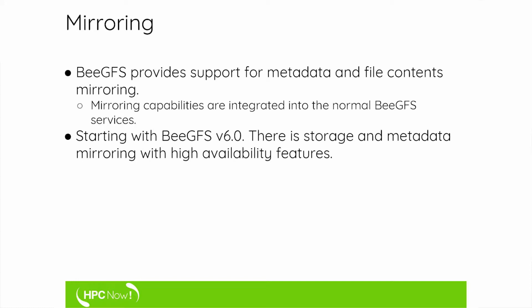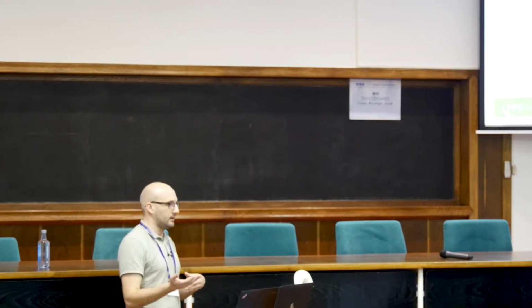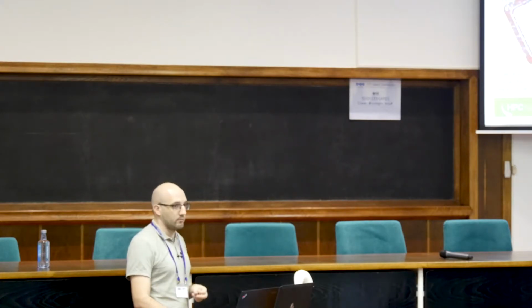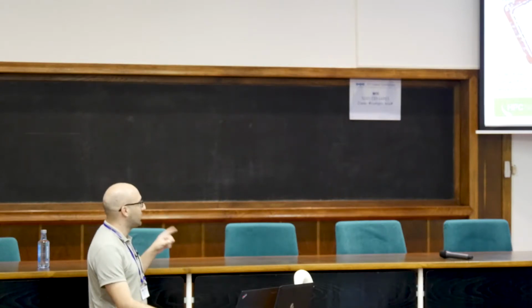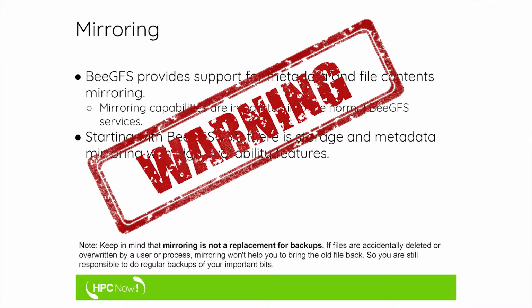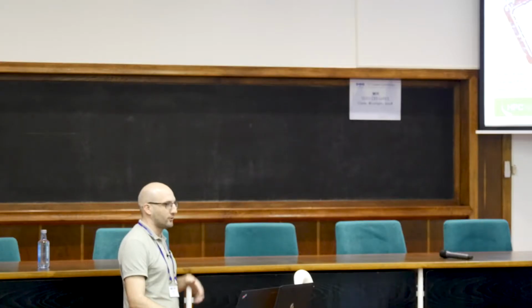In this case, there are also high availability features, because it's not only that the data is being replicated, but the service takes over and continues working. This is available since version 6.0. A big warning here: mirroring doesn't replace backups. This is just for availability, not for data loss, as I said in the beginning.